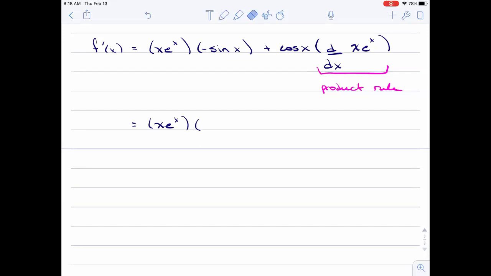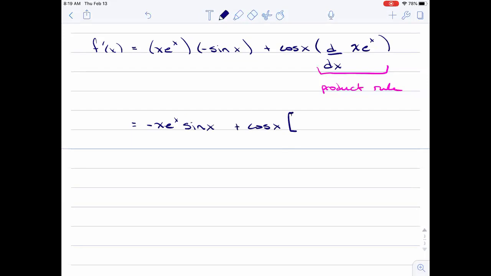I could pull that negative outside: negative x e to the x sine x, plus cos x, and then square brackets.